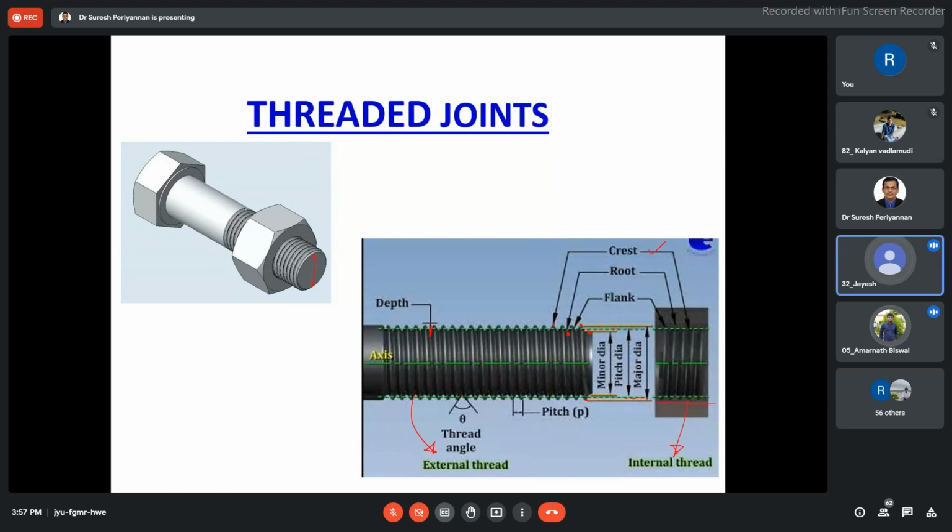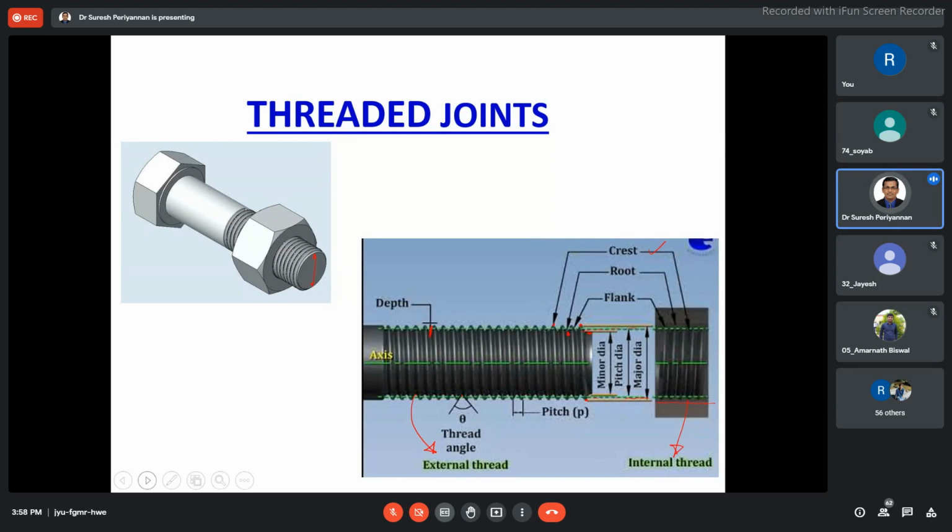Major diameter minus minor diameter, divided by 2. Yes. So the thickness or depth of the thread is nothing but major diameter minus minor diameter, divided by 2.